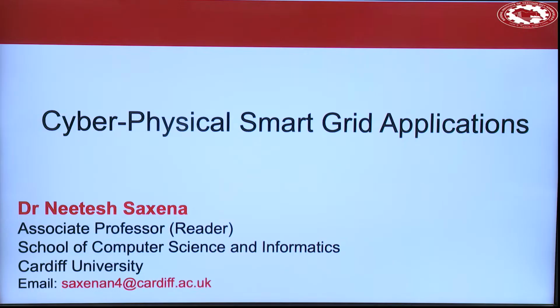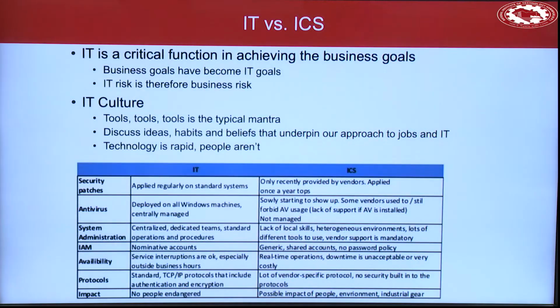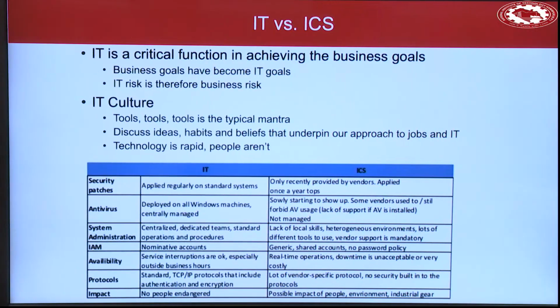So we'll continue with that part, and we'll try to understand some more points regarding how IT system is different from OT or ICS. When I say ICS, I mean industrial control system. Industrial control system is an example of operation technology.